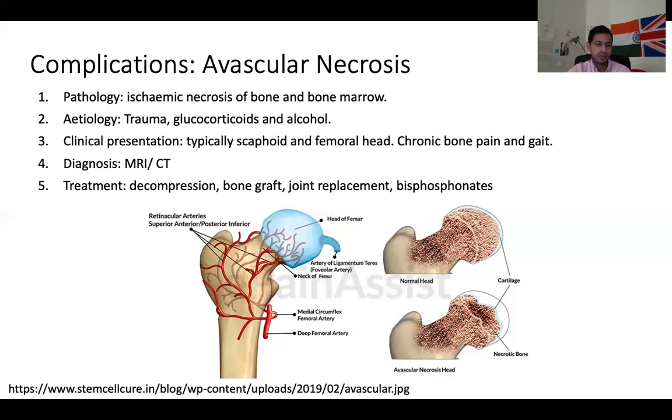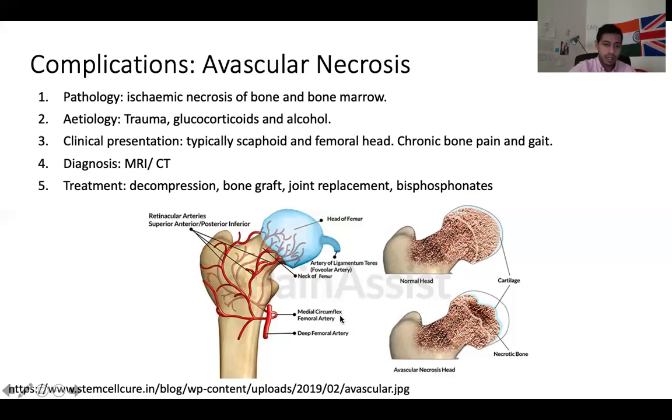Diagnosis, unfortunately, an X-ray is not very sensitive for avascular necrosis, and as a result, it's much better to use MRI or CT to really assess the soft tissue damage. And as you can see in the image below, the normal head can become really necrotic after it's been ischemic for a certain period of time.